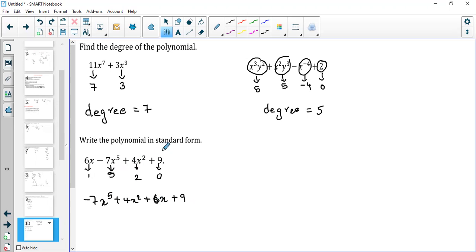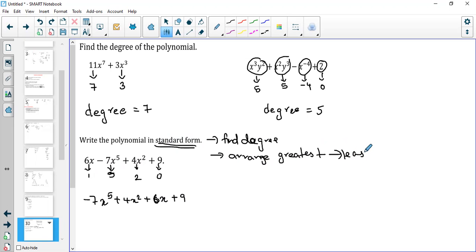So always remember when you're writing the polynomial in standard form, you have to find the degree of each term, and then arrange from the greatest degree to the least.